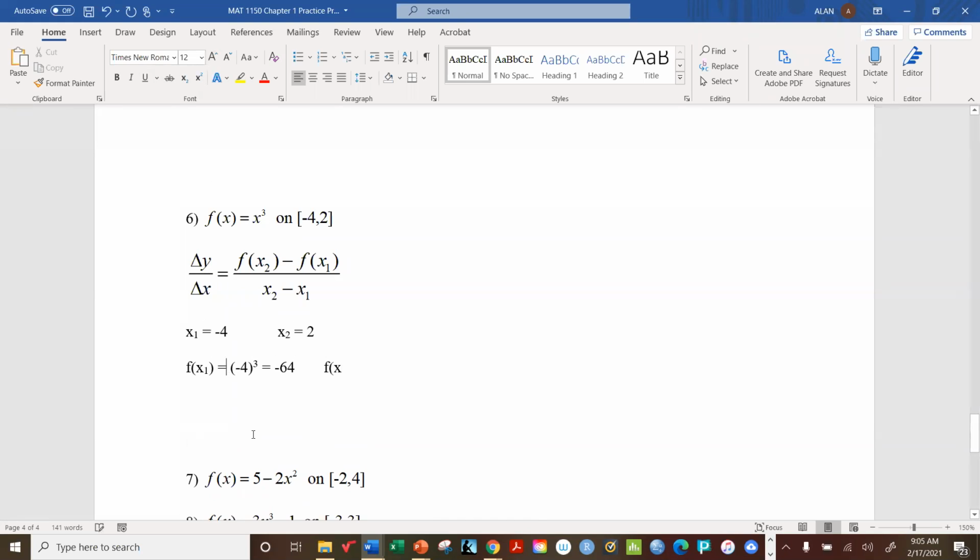Let me do this one more intermediate step. And then f of x2 is f of positive 2, which is 2 cubed, which is 8.